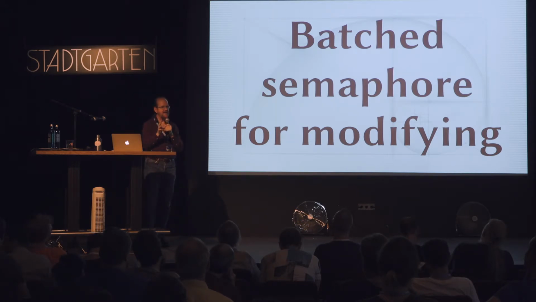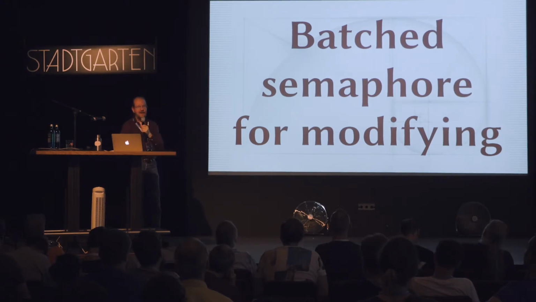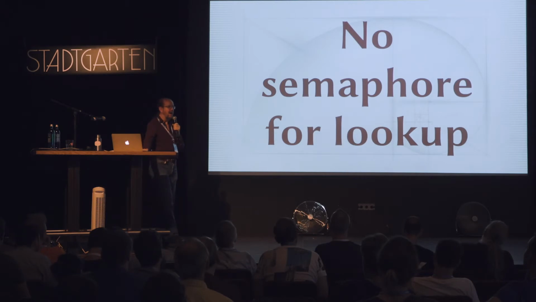This complicates the logic, and I have to be a lot more rigid in developing the code, because this breaks the encapsulation, in that the protection of the dictionary is not in the dictionary. It's external to that, in the way the dictionary is used. But that does help a fair amount in the performance of this collection. For lookup, I don't use semaphores at all. Anybody can look something up in this thing at any time.